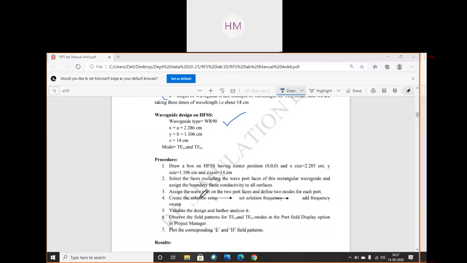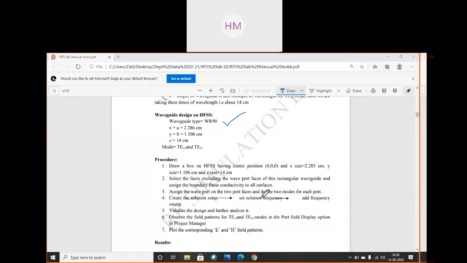Next, assign the waveport on the 2 port faces and define 2 modes for each port. Yes, students, any doubt? Create the solution setup. Next, set solution frequency. Then add frequency sweep.